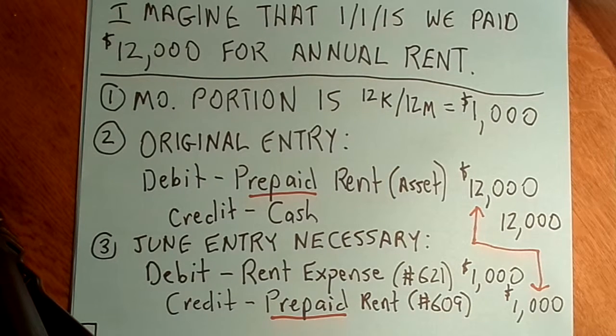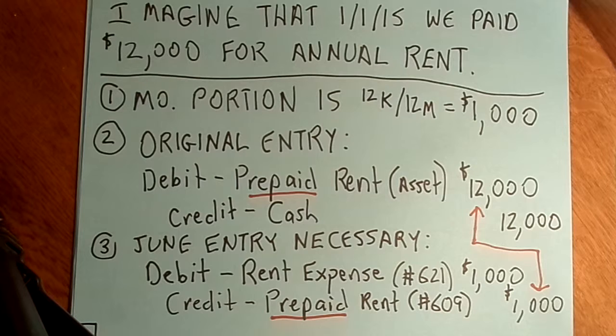So the monthly portion is $12,000 divided by 12 if it's annual rent, and this turns out to be $1,000 per month. The original entry I've shown you is a debit to prepaid rent $12,000, credit to cash $12,000. However, the June necessary entry is a debit to rent expense and a credit to prepaid rent.